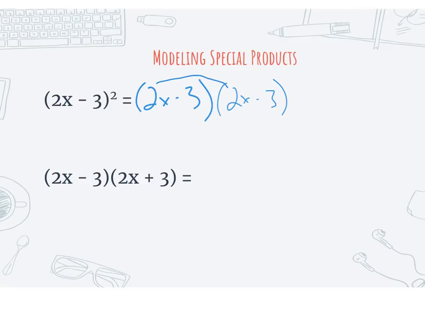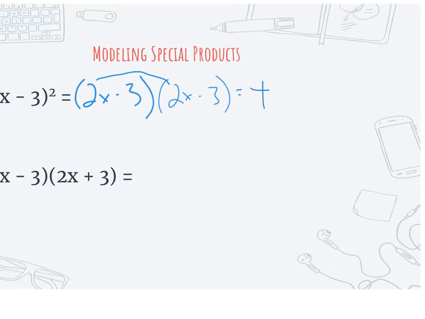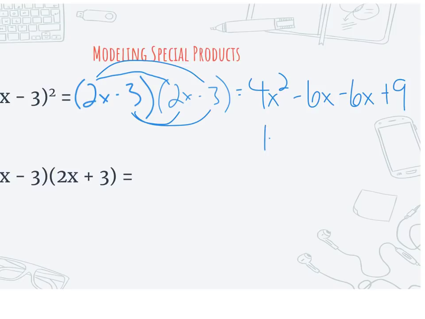So 2x times 2x becomes a 4x squared. 2x times a negative 3 is now a negative 6x. Negative 3 times 2x is a negative 6x. And then negative 3 times negative 3 is a positive 9. And then as we combine our like terms, we get 4x squared minus 12x plus 9.